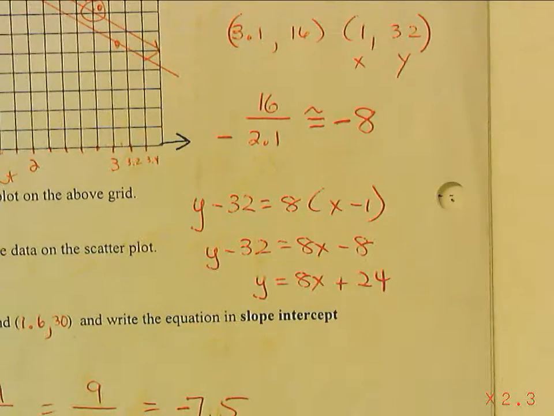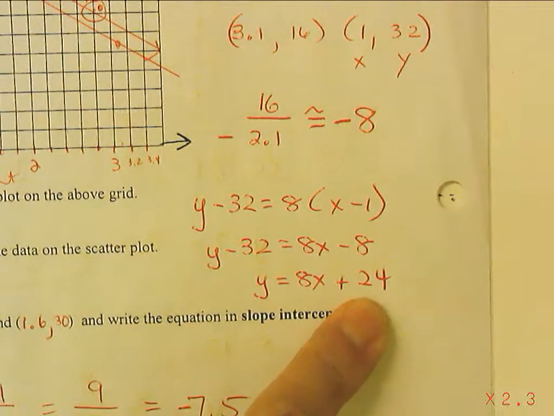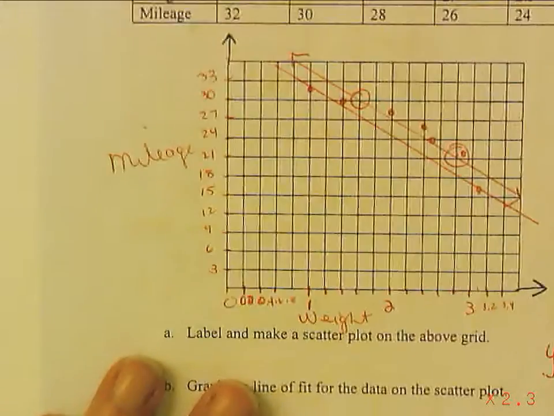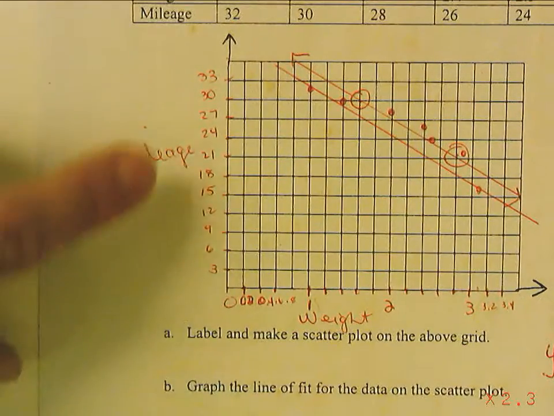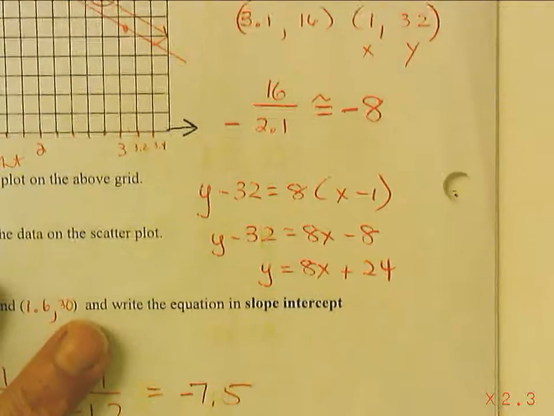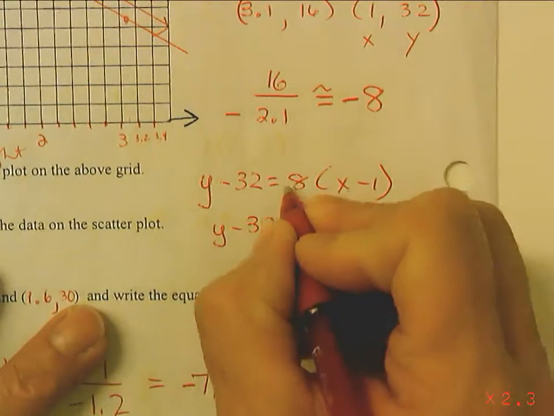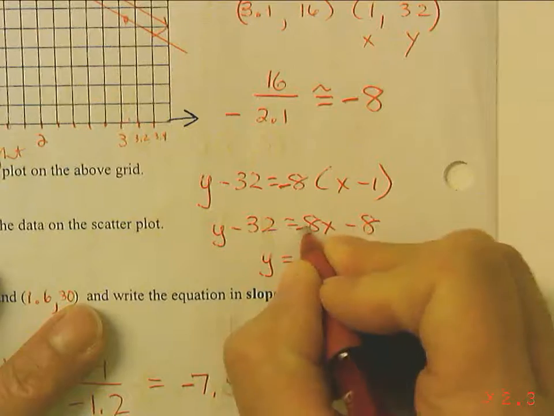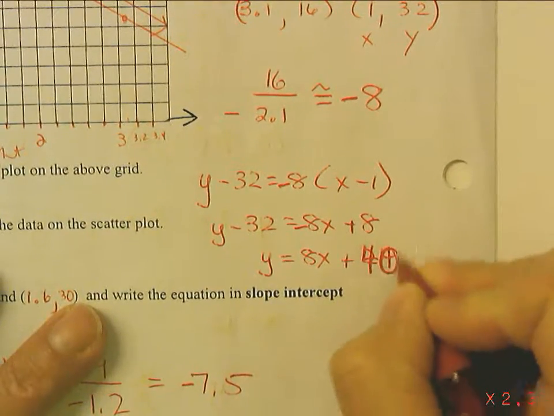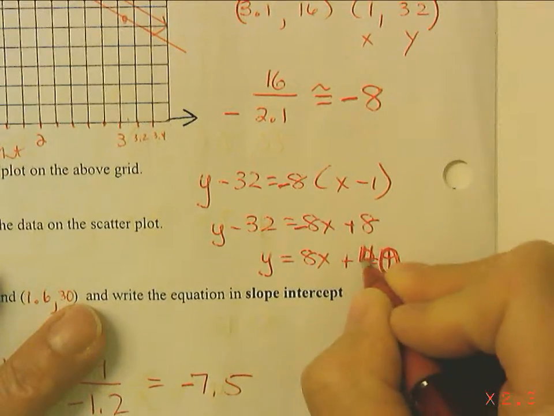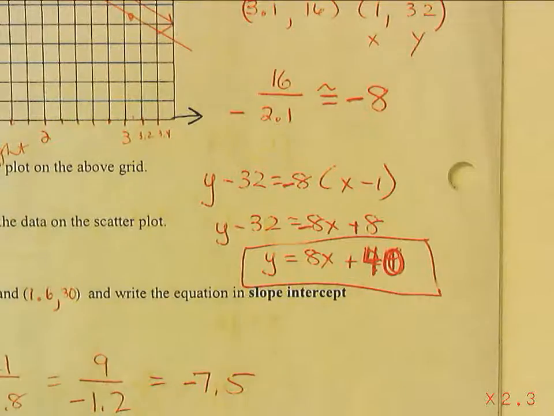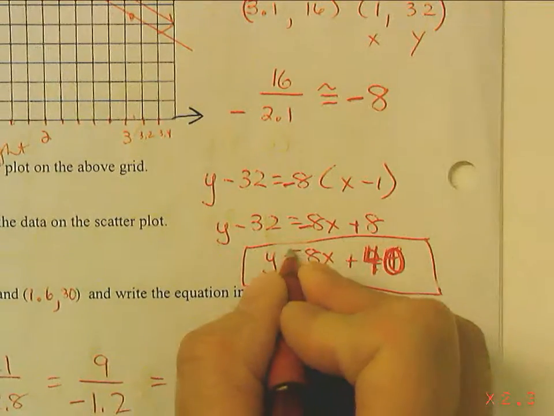I did not do that on purpose, but do you see how I knew something was wrong because that was a positive 24, and there's no way my y-intercept could be 24? So I realized, even though I said negative 8, I plugged a positive 8 in. So this would make my intercept 40, which would make much more sense. So here I get y equals negative 8x plus 40.